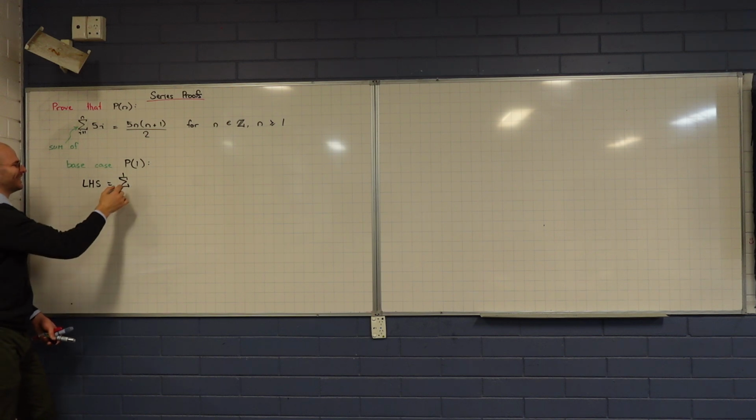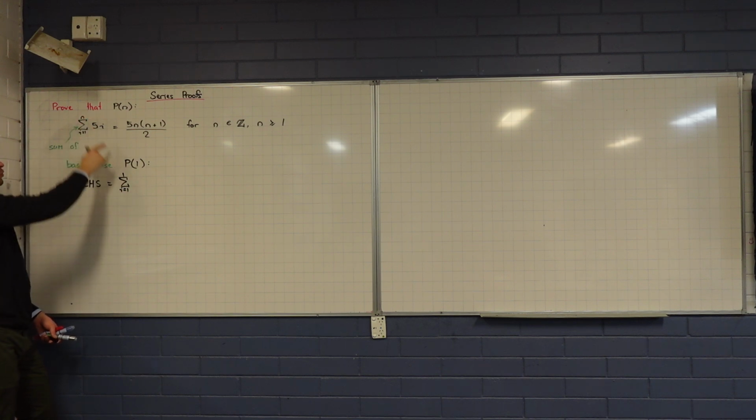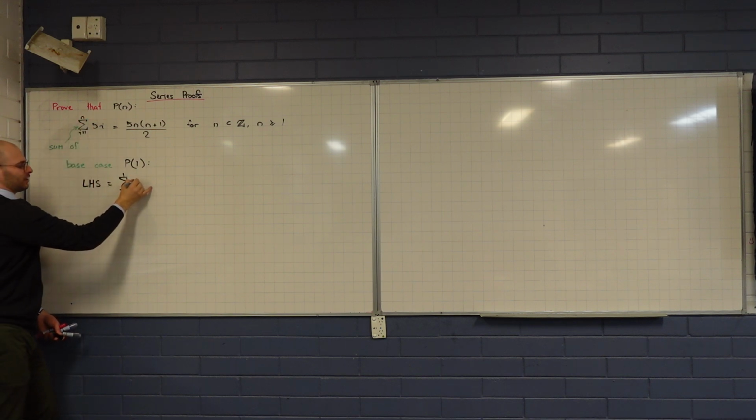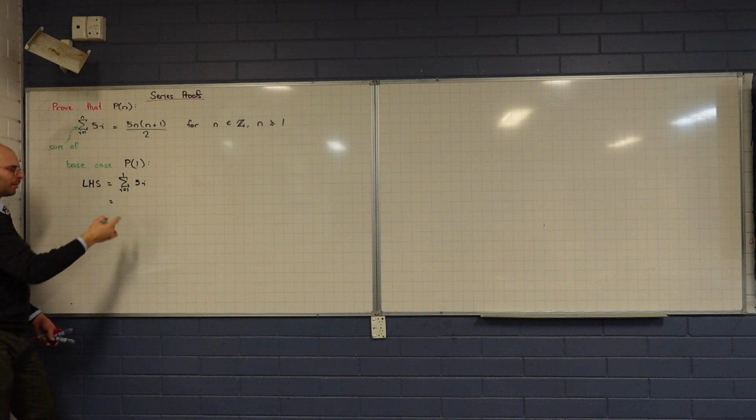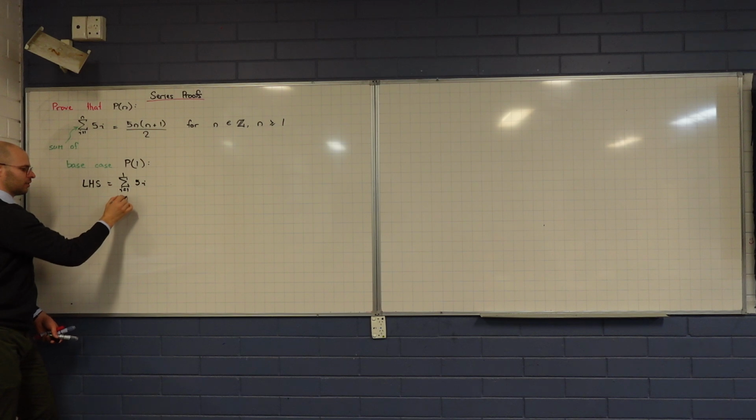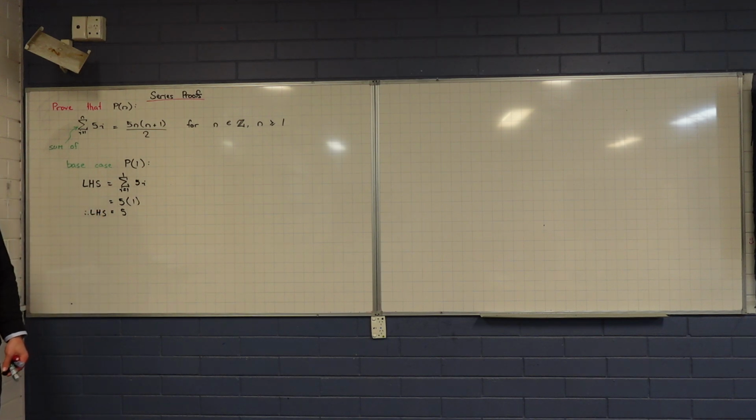Okay, so we replace n with 1, and then it's 5i. After that, we can start unwinding the summation, in which case the first one is just 5 times 1, and that's just 5. So the left-hand side is equal to 5 in the base case.